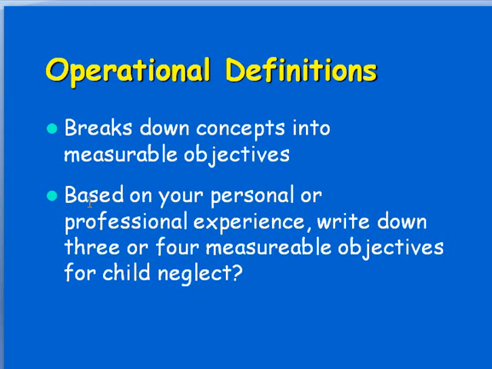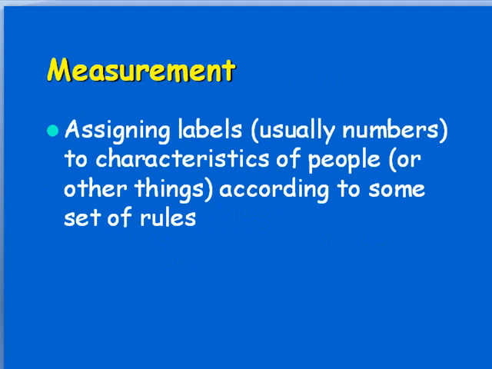Another one, has a nurse or social worker or teacher ever said that any child of yours wasn't being given enough to eat, or the house wasn't clean enough, or they weren't getting adequate medical care? So those are all things that if we came together, we could make a list, and from that list we could check off and make an operational definition of whether a child had been abused.